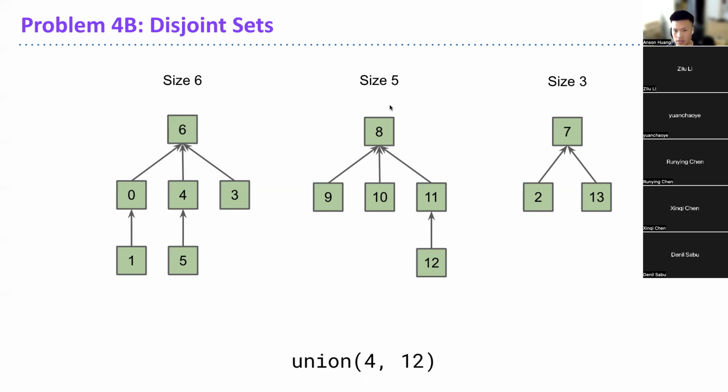Find set on 12, it's in set 8. 8 is the representative. So following that same logic as before, since set 8 is smaller than set 6, 8 is going to point to 6.